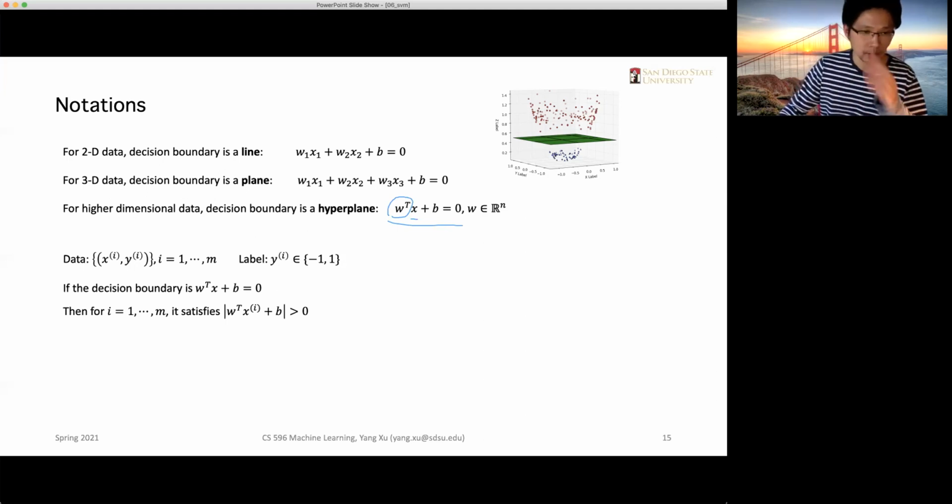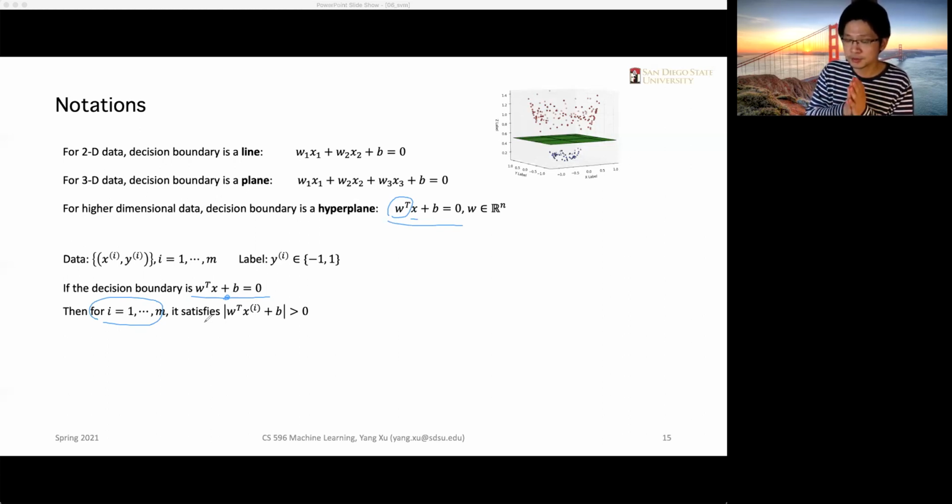So next, here come some important properties. First, if the decision boundary is decided by this equation, W transpose times X plus B equals 0, then for all the data points, ideally, none of the data points should be on that decision boundary, right?